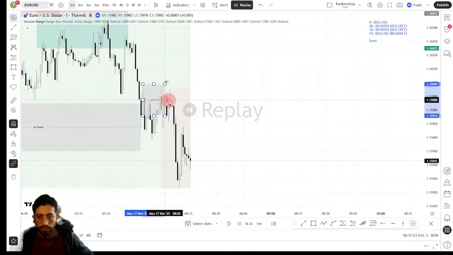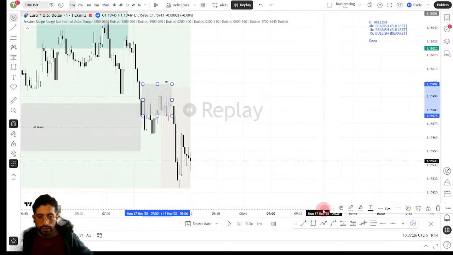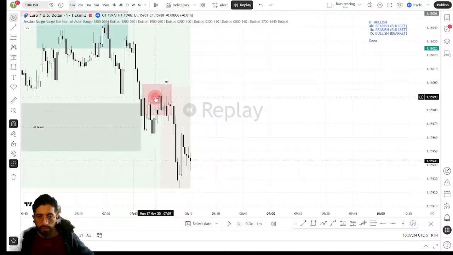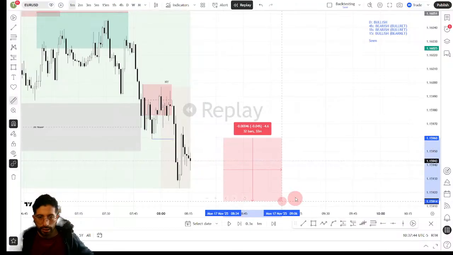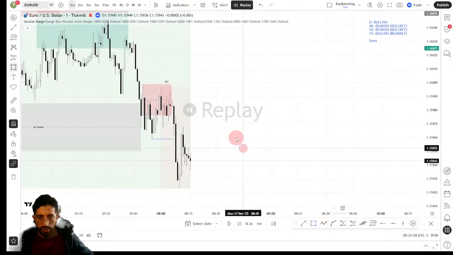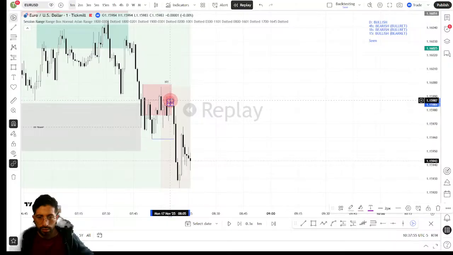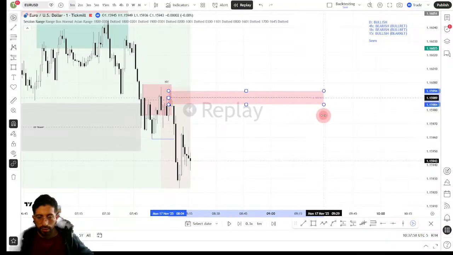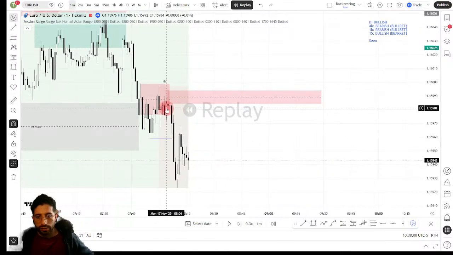This is the order block. It's a selling order block. Supply. Then we have here liquidity, and then we have a break of the structure of the range. Now, since we got this, I can actually put an order right here.